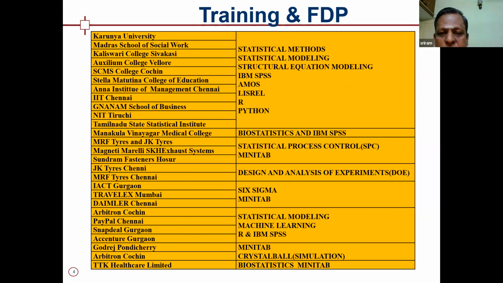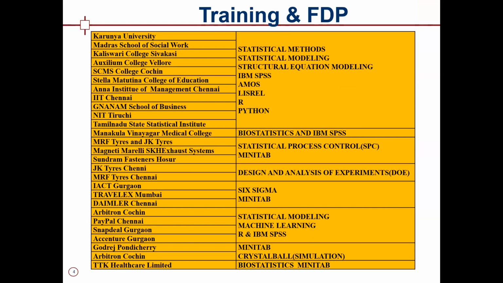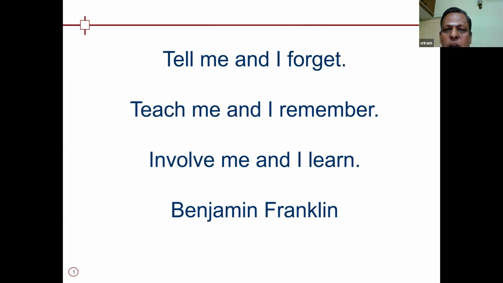These are statistical software and a lot of things. And once in Kerala, I did a two-day workshop at SCMS College, Kochi. Hope you know Kochi. Okay, this is a brief about me.